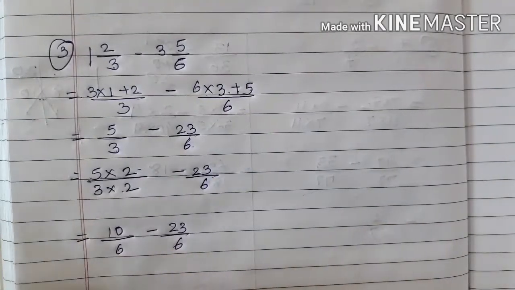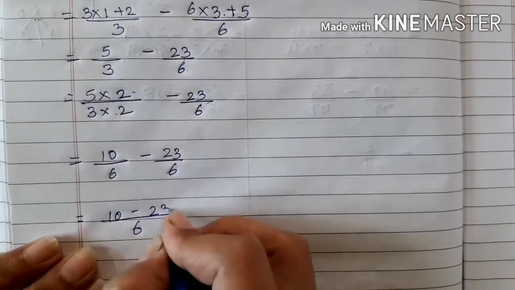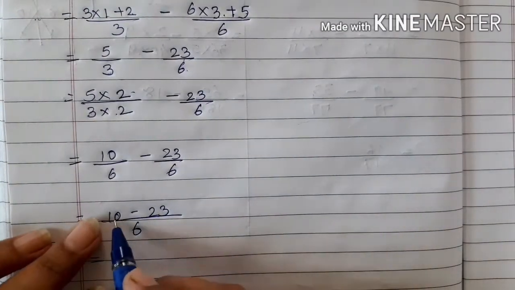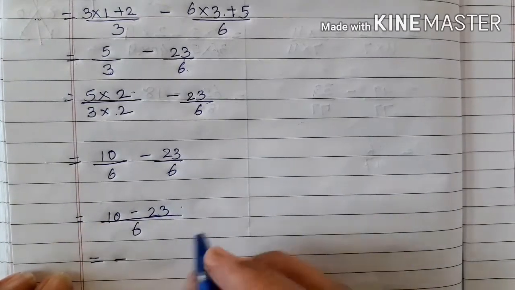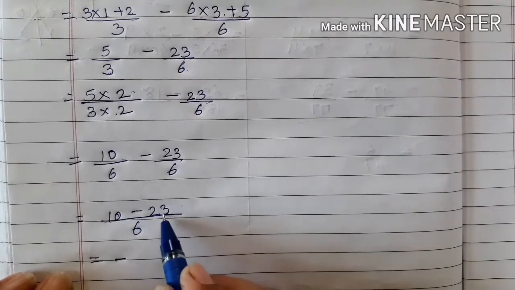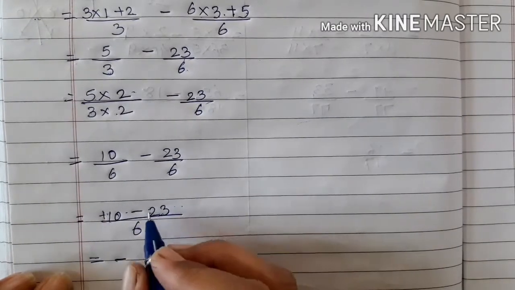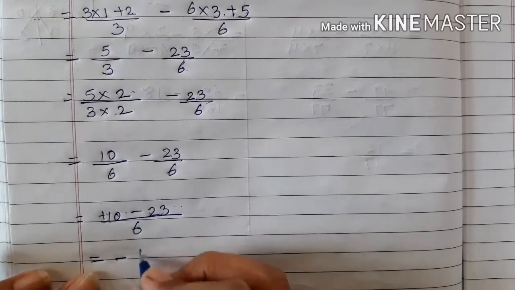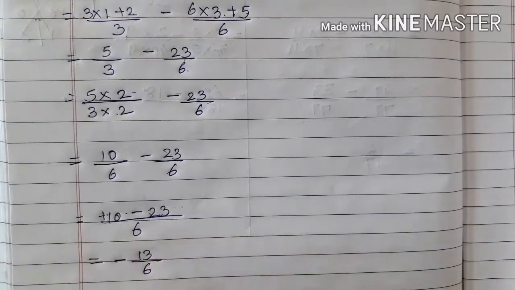When you get the denominators equal, you have to write it once. So you will see that it is automatically 10 minus 23, the answer is going to come in minus. Okay, because the sign of the bigger number over here is addition. So when you subtract this, you will get 23 minus 10, that is 13 upon 6. Minus 13 upon 6.